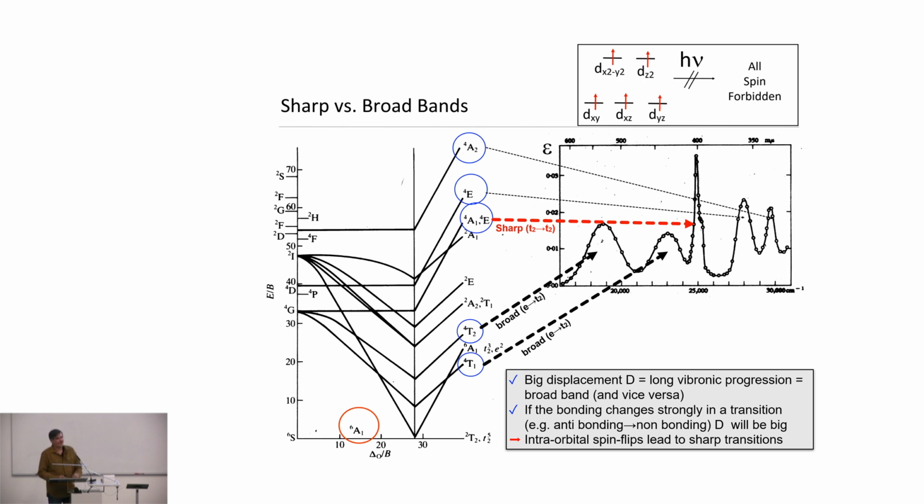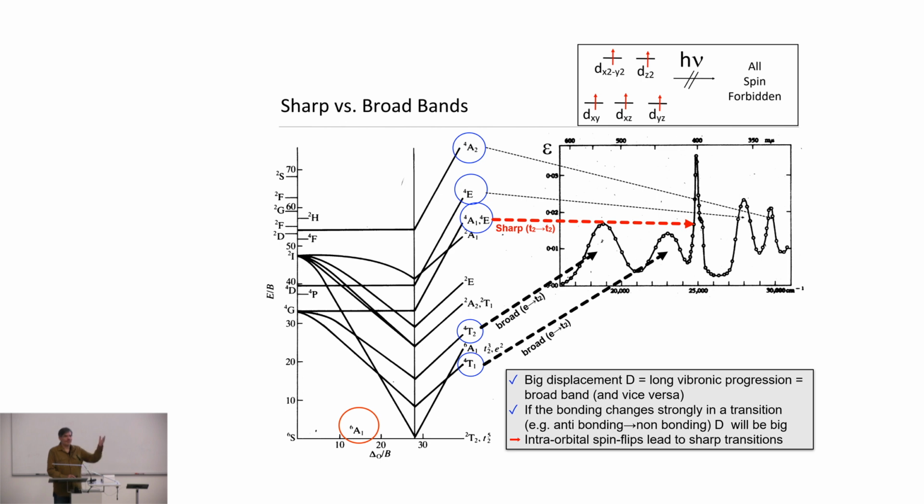And here is where what I just talked about comes in. So these quartet T1 and quartet T2 transitions arise from a de-excitation of an eg electron that is anti-bonding to the t2g orbitals, right? But the eg orbitals are sigma anti-bonding, and the t2g orbitals are only much weaker pi anti-bonding, right?